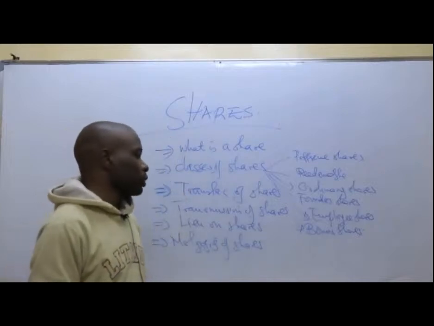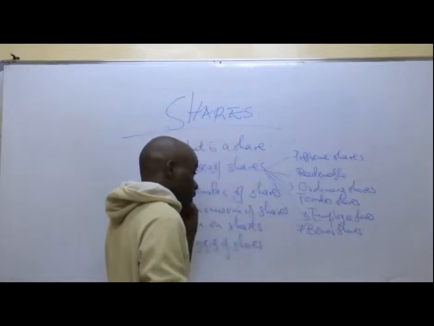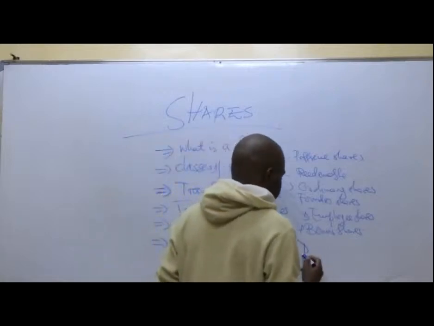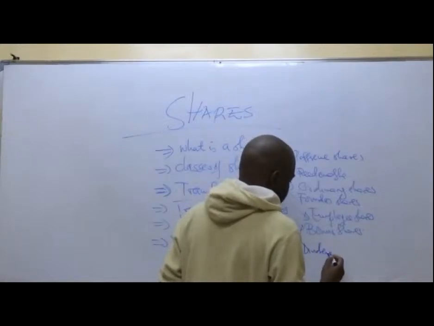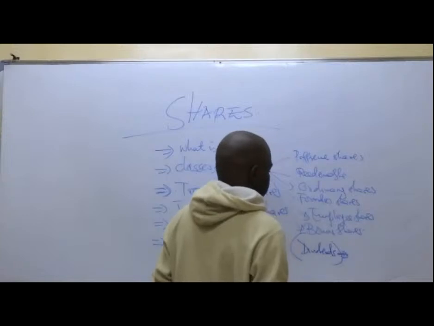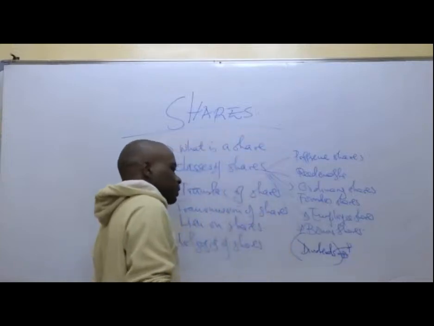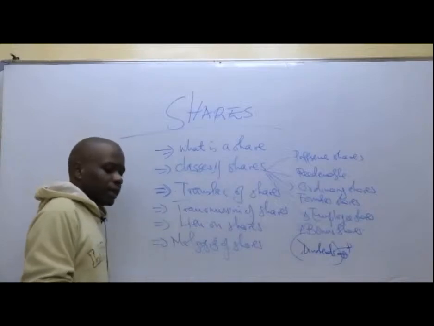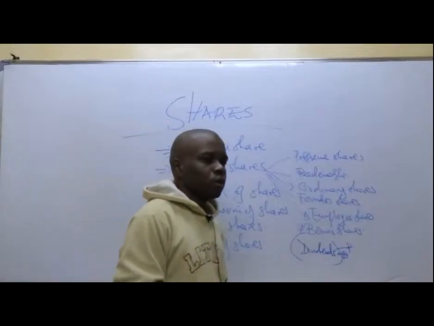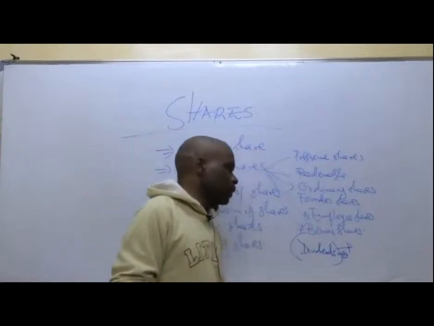Bonus shares. Instead of getting dividends from the company, because at the end of the financial year, if you have shares in a company, the expectation is to get dividends from the company, you can simply convert your dividends into more shares in the company. If you do such, we say you've gotten what we call bonus shares, or we can simply say capitalization of the dividends of the company.